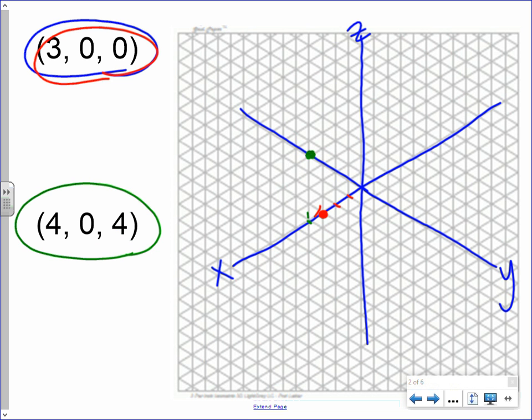But if I make a little dust trail, if you will, we can imagine that popping up from the x-axis into the xz plane. So since there is no y value, this coordinate is lying in the xz plane.